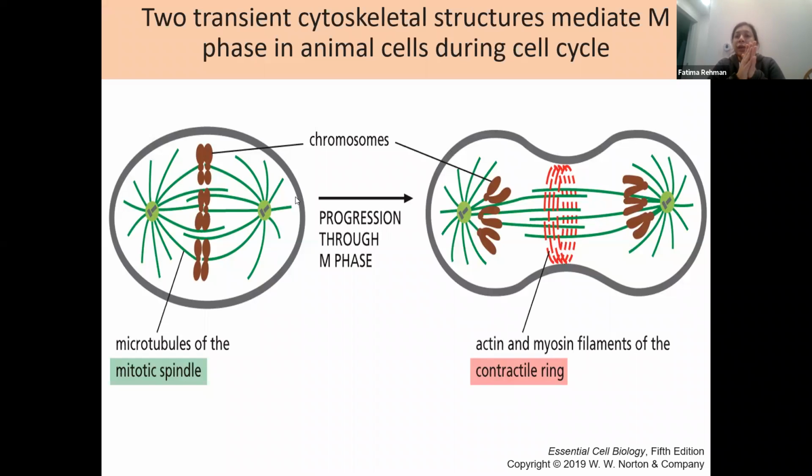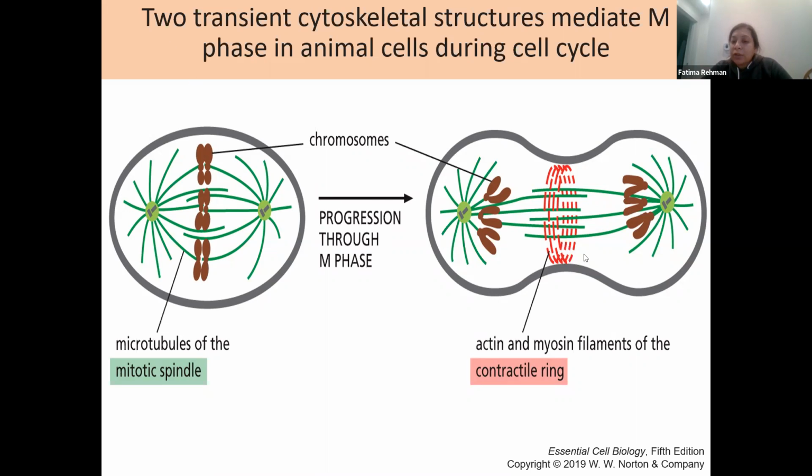So there are two different cytoskeletal structures that mediate this process. The main one is the microtubules, which is for the organization of the chromosomes along your metaphase plate, and then their separation to the opposing poles to provide the entire set of DNA on both sides to create your daughter cells.